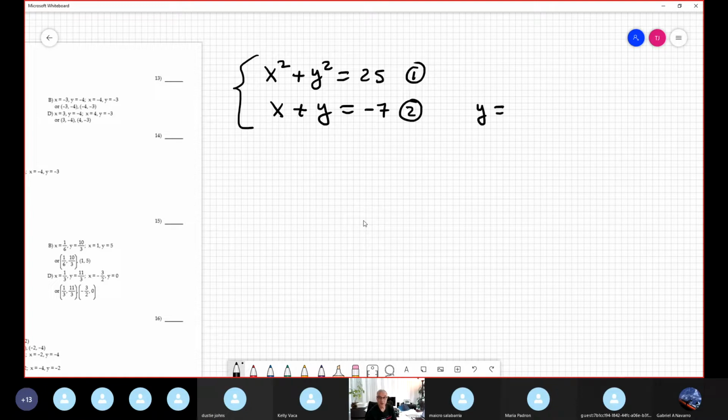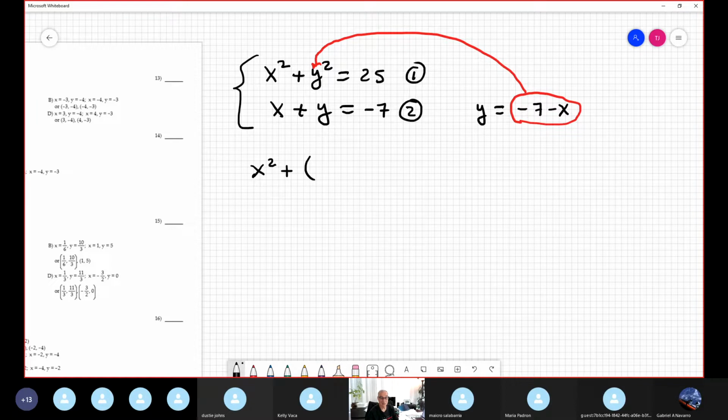You solve for y and you have y equals minus 7 minus x. Now you substitute this expression for y into the other equation, in the place of y. Therefore, my new equation is x squared plus parentheses, because we have a binomial, minus 7 minus x, squared, equals 25. Is it okay so far?